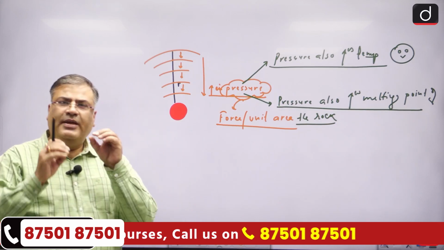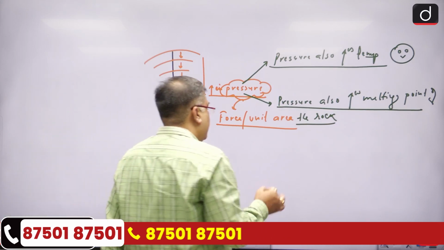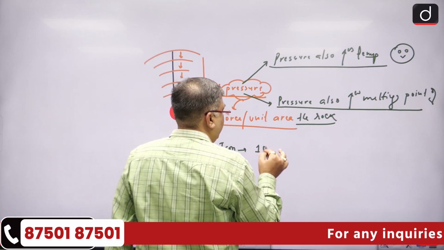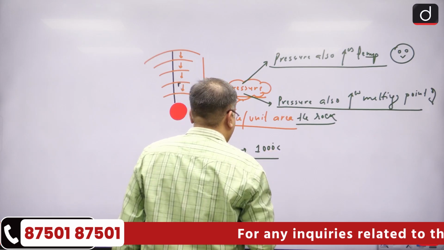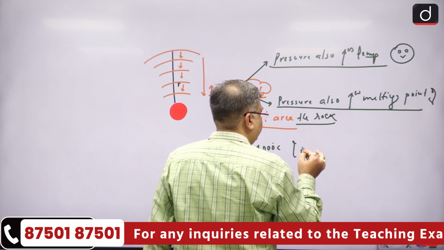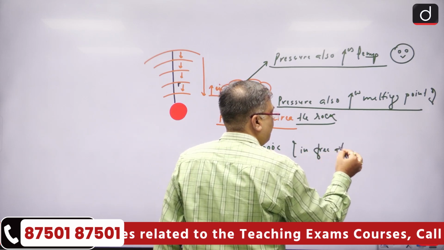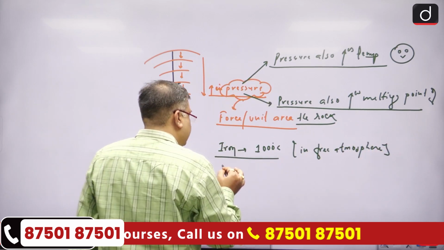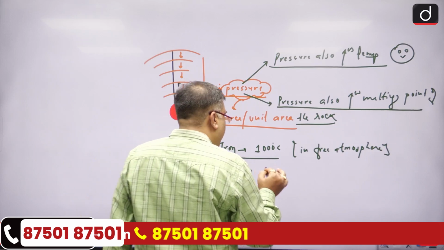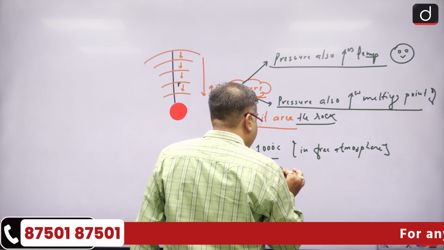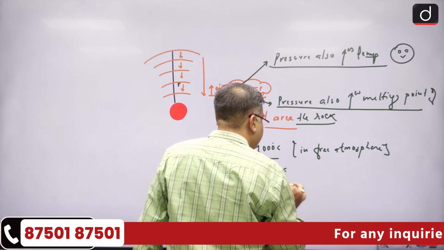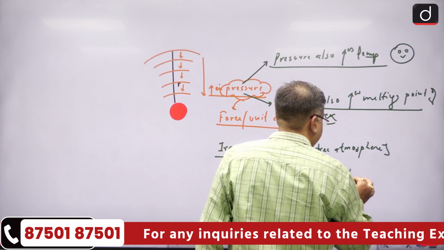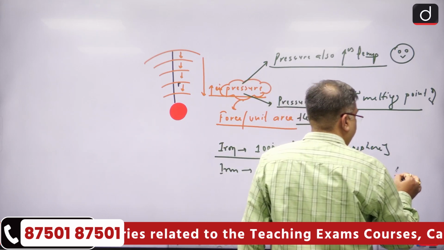What does it mean? In a very simple way, I will explain. Suppose iron melting point is 1000 degrees C in free air, in free atmosphere. Then the same iron will now melt at 1200 degrees C or 1500 degrees C in an atmosphere with high pressure.